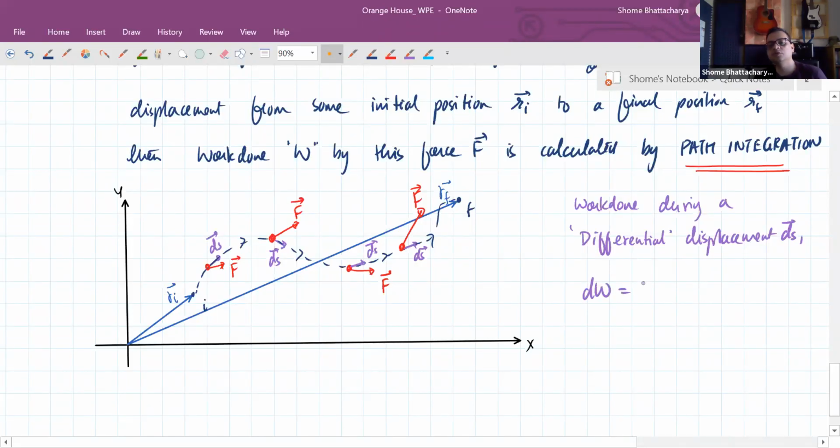So that becomes a small amount of work done. So that is F dot ds, where F is the instantaneous force, because it is varying. So it is the force at that instant.